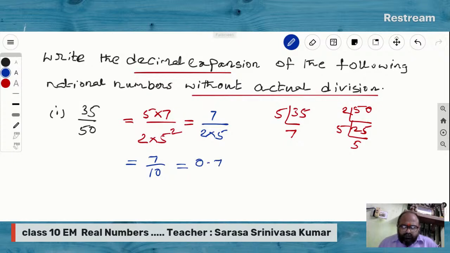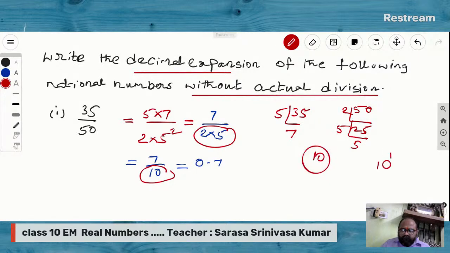So we should not do the actual division. Without actual division, we have to convert the denominator in the form of 10 power n and find the decimal expansion.